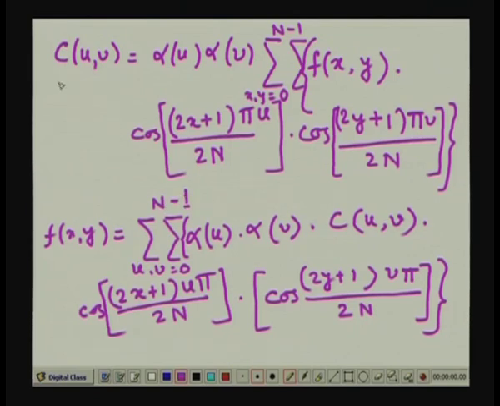So, this is the forward two dimensional discrete cosine transformation, and this is the inverse two dimensional discrete cosine transformation.